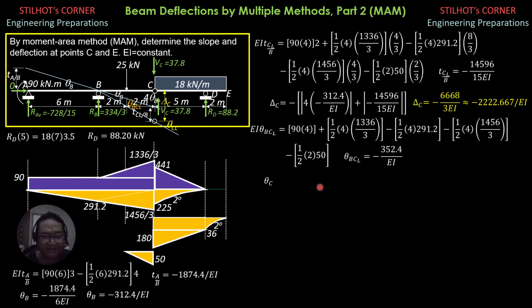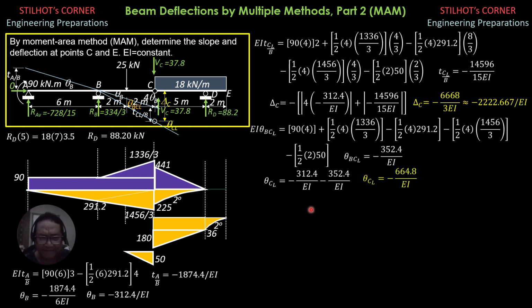So theta C left is equal to negative of the quantity absolute value of theta B, so negative 312.4 over EI, negative of the absolute value of this, so it's still negative of that value, plus the absolute value of theta BC left, so you can combine.